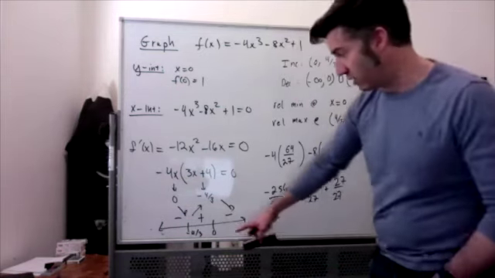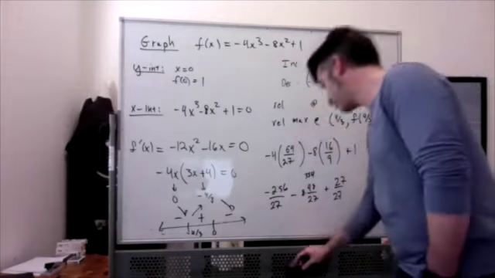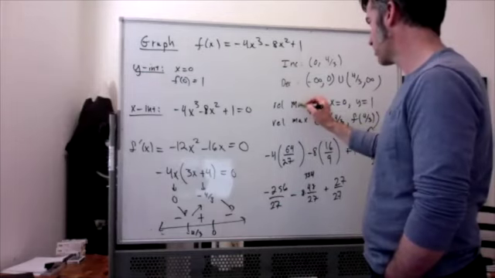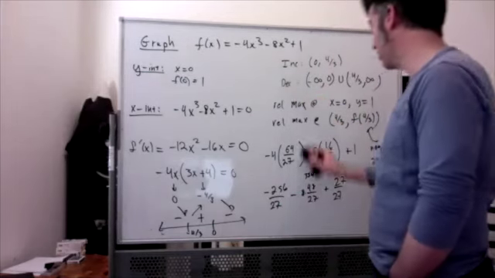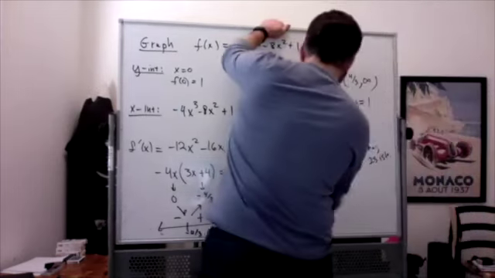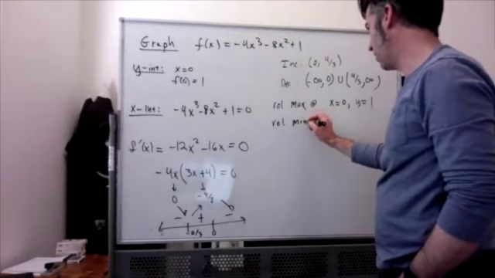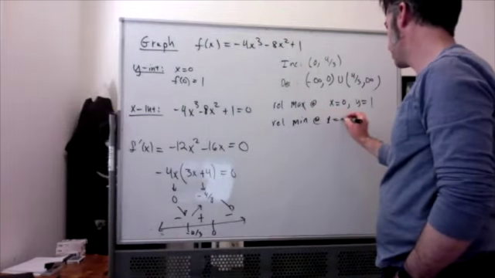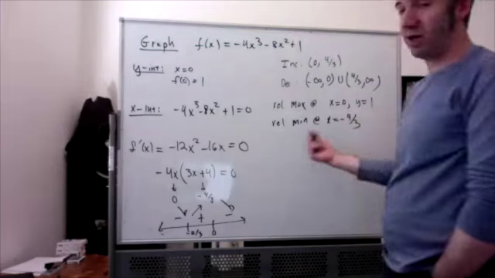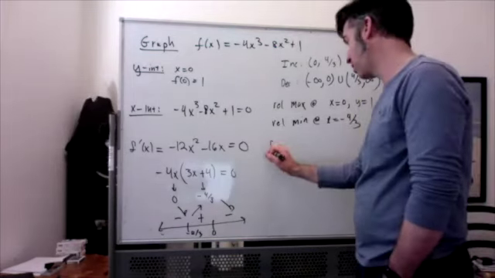So I actually have a relative maximum at 0, and I actually have a relative minimum at negative 4/3. Sorry about that. If we plug in negative 4/3, let's go ahead and take a look.